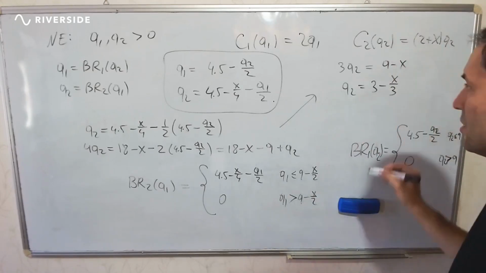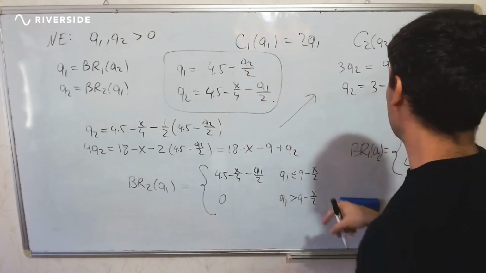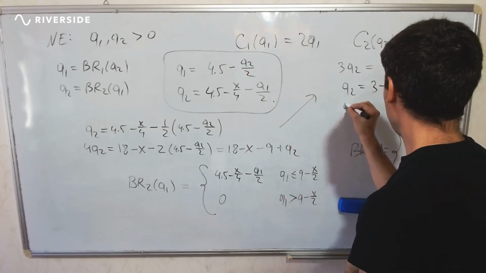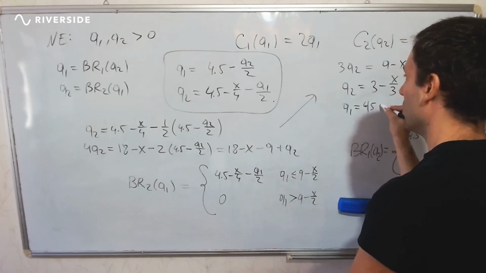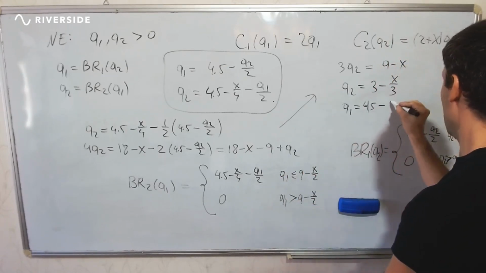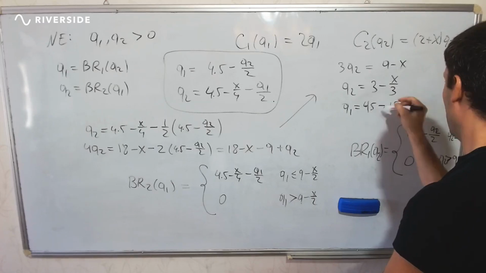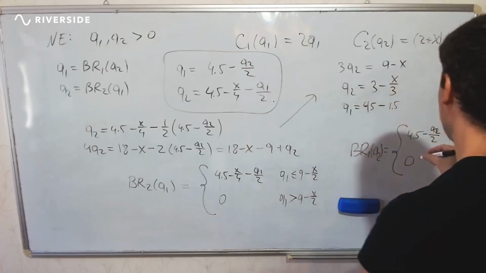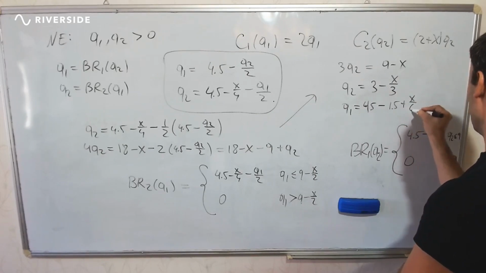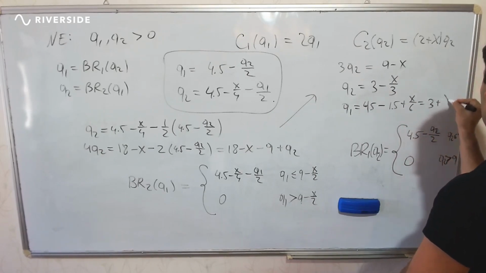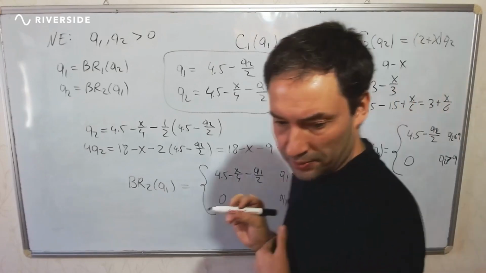Once I get this, I can simply plug it in here. So my Q1 must then be 4.5 minus 1/2, I'm just plugging this value in, minus 1/2 times (3 minus x over 3), which gives 3 plus x over 6.